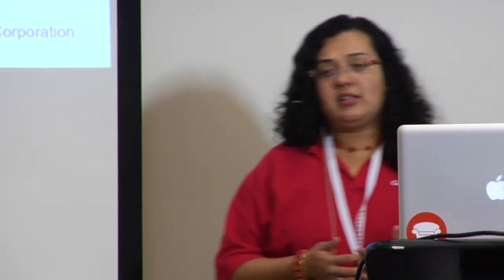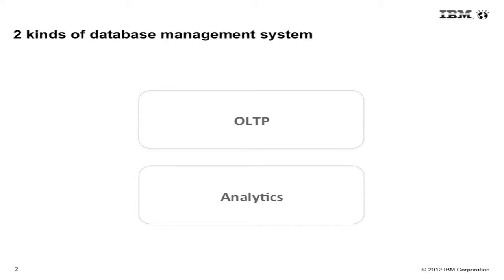So with that, let's talk about the different kinds of data management systems that are out there. We have the OLTP systems. Traditionally, we have heavy online transactions going on. Typically, these are systems that power web applications or your banks and so on.